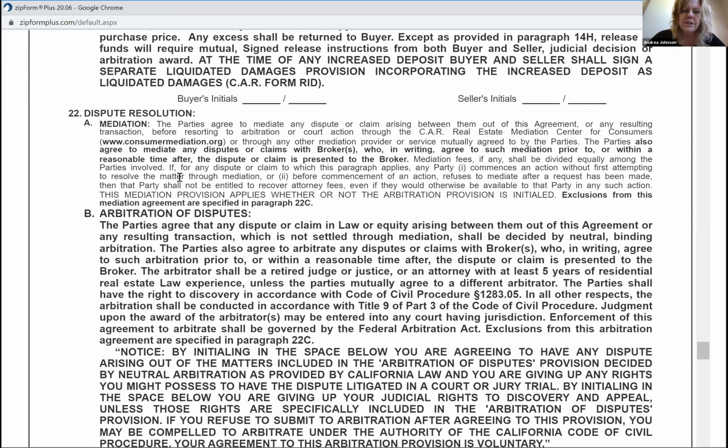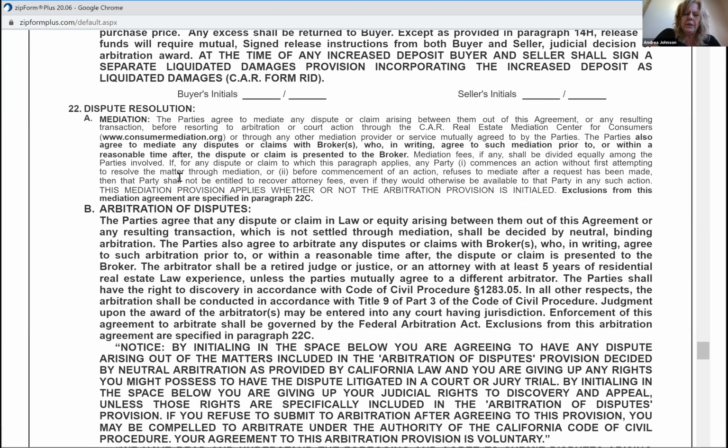In any such action, this mediation provision applies whether or not the arbitration provision is initialed. So there are some exclusions, and those will be in 22C.